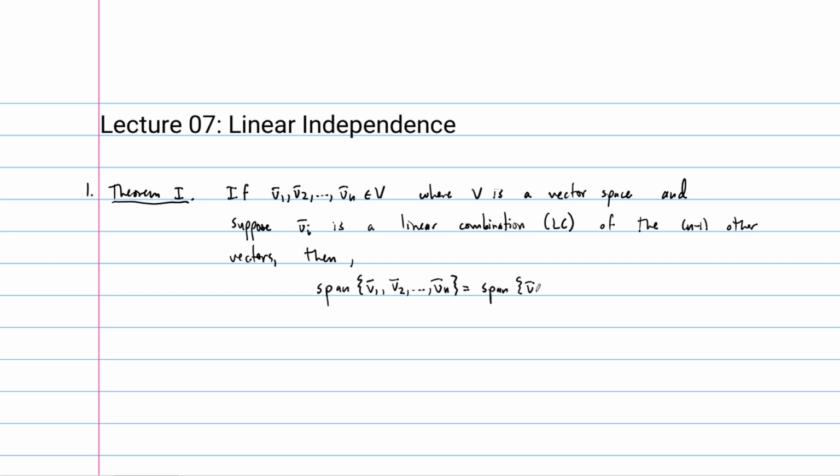So the span of v1, v2, vi minus 1, vi plus 1 through vn. It could be n is the last one, but the idea here is that we've deleted the ith one. But the whole point here is that they span the same space.